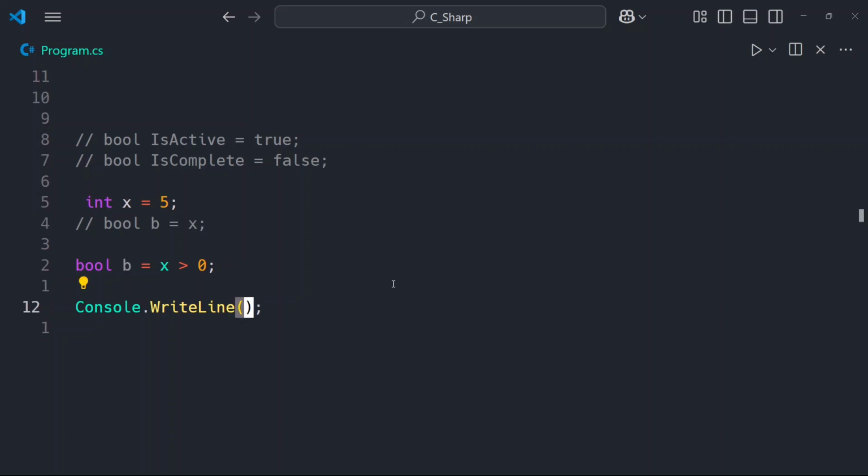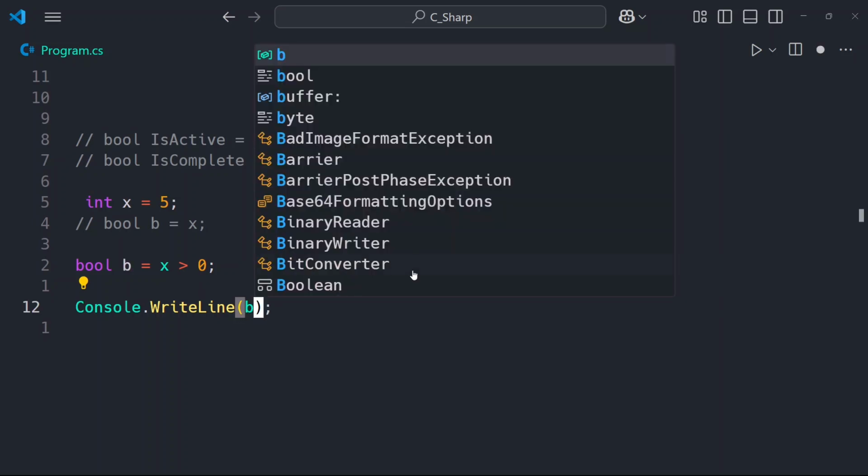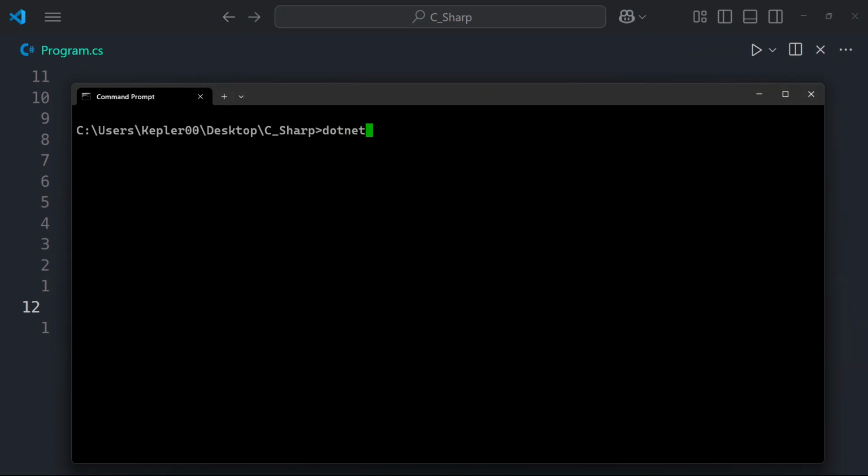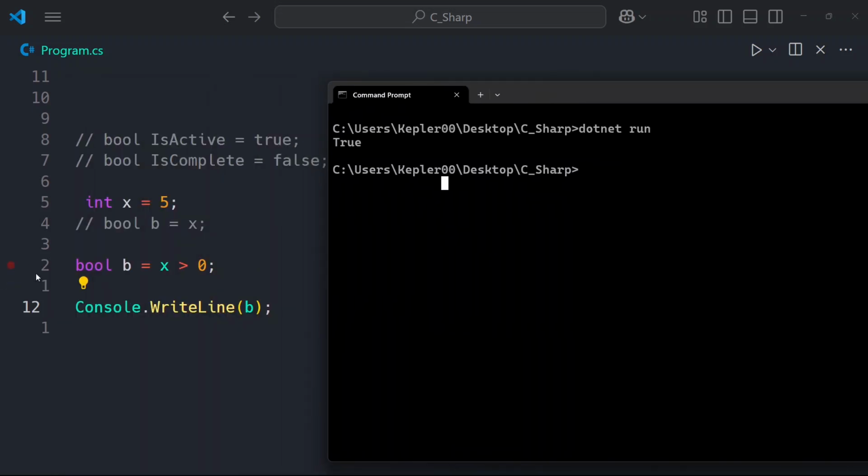This is legal, and we can actually see this. Here, let's go ahead and clear the screen. dotnet run, and we say it is in fact true. You see, it is true because x is 5 and x is greater than 0.